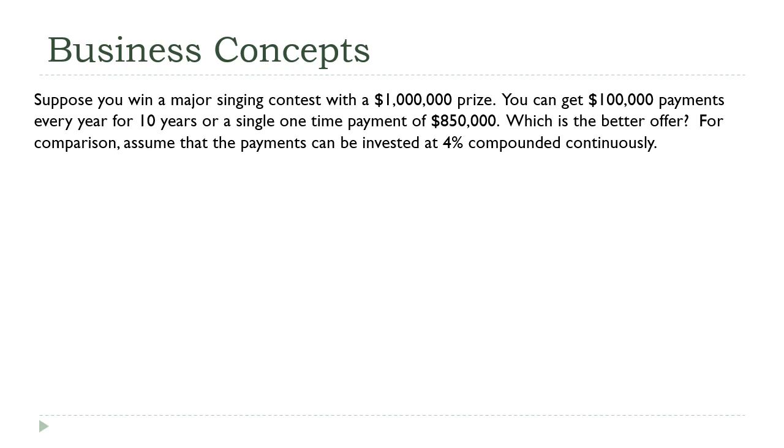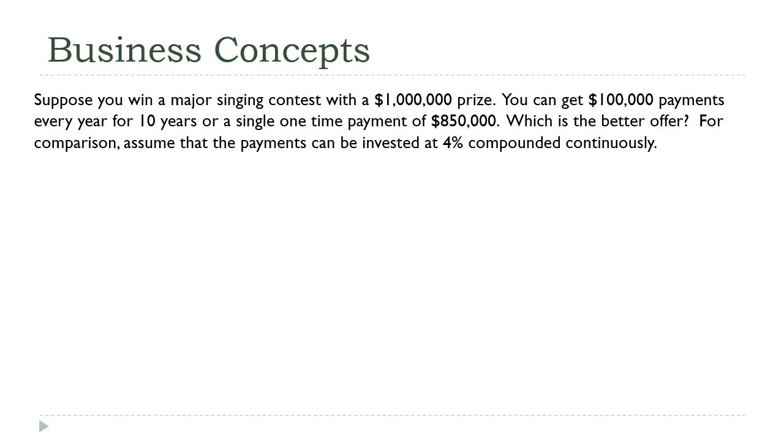Okay, so the problem here is these are in different time frames. Right? One of them is a single payment, where the other is in these annual payments. So to make this comparison, to make this into an apples to apples kind of situation, I need to do one of two things.